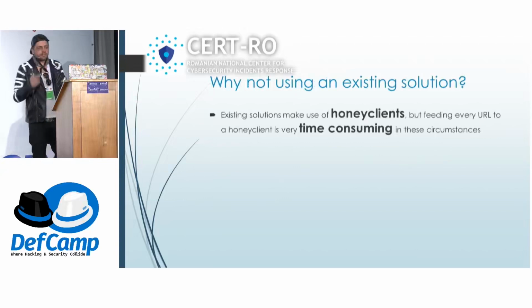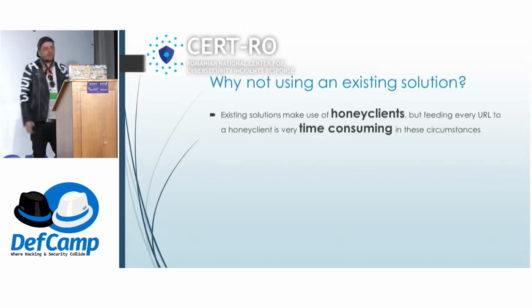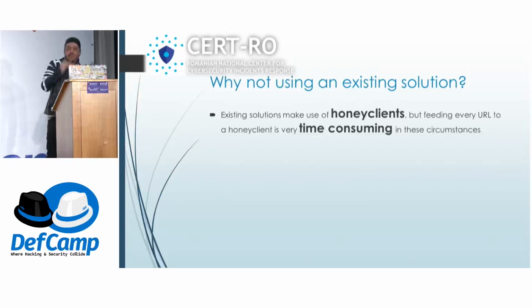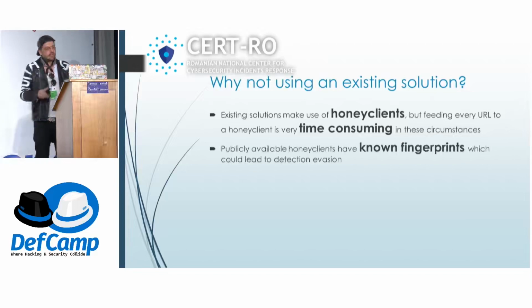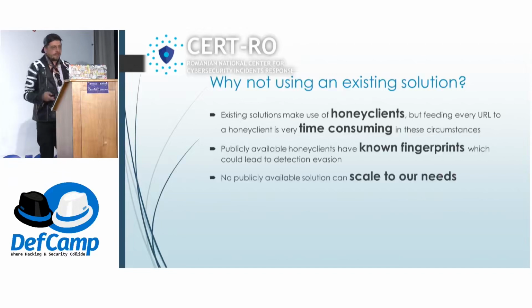So why not use an existing solution? Existing solutions make use of honey clients, but feeding every URL to a honey client is very time consuming. We saw earlier how long it would take us to do this. Publicly available honey clients, as you've seen before, have fingerprints, which could lead to detection evasion by the malicious JavaScript.